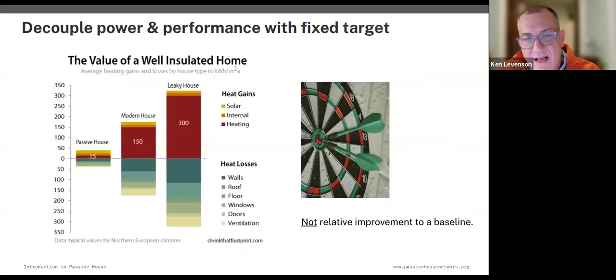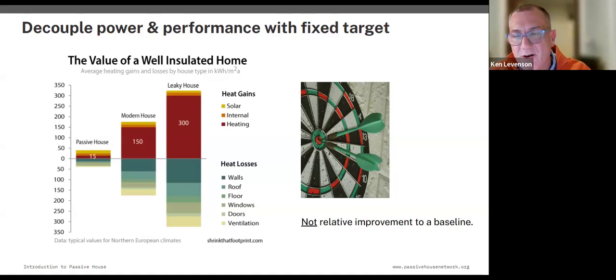How it does this, and a lot of the qualities come from it, is that it's forcing us to go towards fixed and very rigorous targets. So it's not based on doing 10% better, 20% better from a baseline, which may or may not fluctuate. In so doing, what it's trying to do is decouple power and performance.